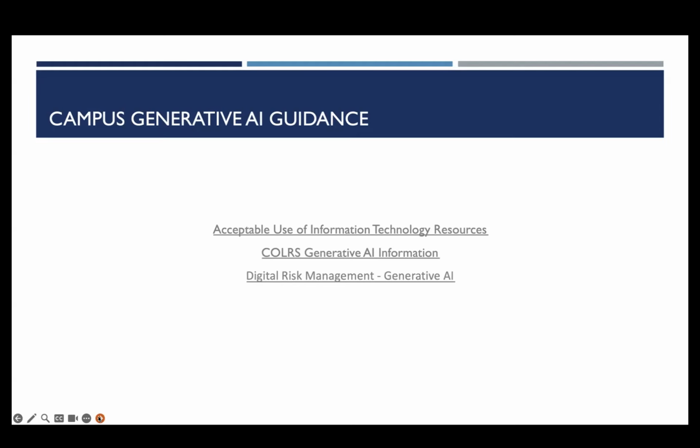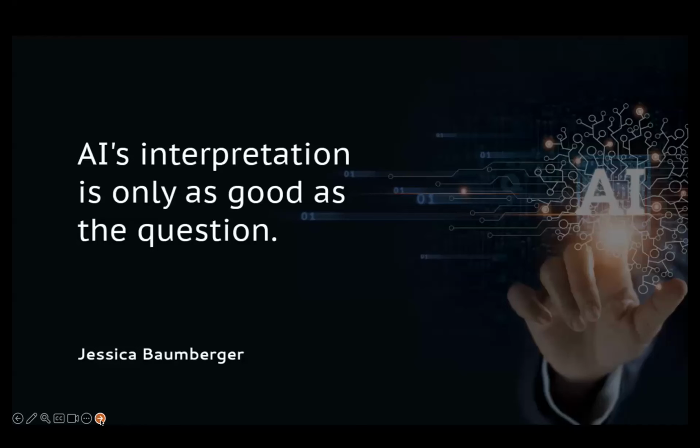And also the Digital Risk Management Office from the system has created a generative AI section of their site where you can find additional information for those resources. And remember, AI's interpretation is only as good as the question. So you really have to get good at prompting as you start to work with these models. The better the question, the better the response.